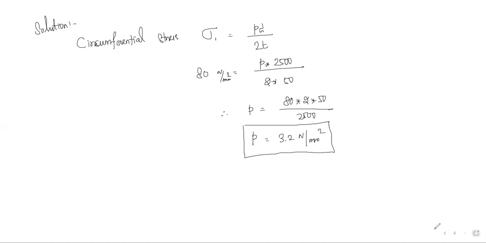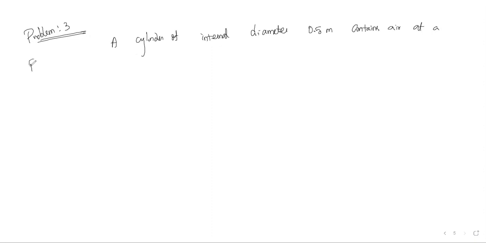Next, we should move on to the third problem. A cylinder of internal diameter 0.5 meter contains air at a pressure of 7 Newton per mm square.